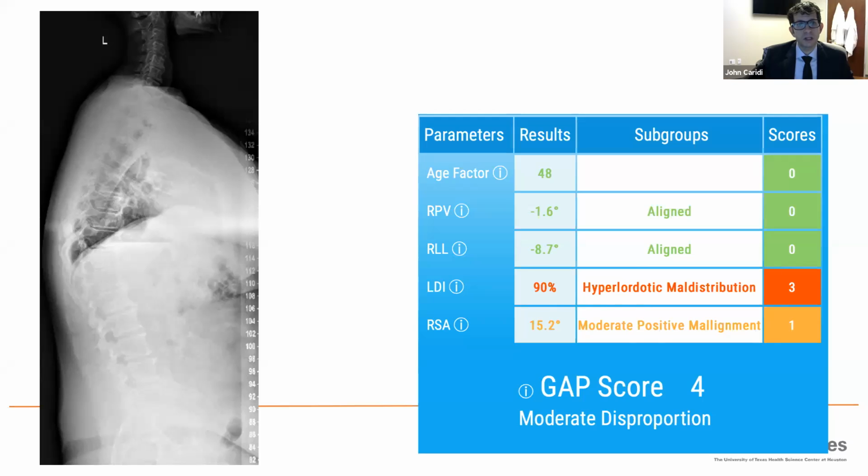And then, for example, with the patients with really severe central canal stenosis and claudication, typically when they stand up and they start walking, they start out fairly erect. And then as they walk, they start to pitch more and more forward. So that's another thing that I look at.